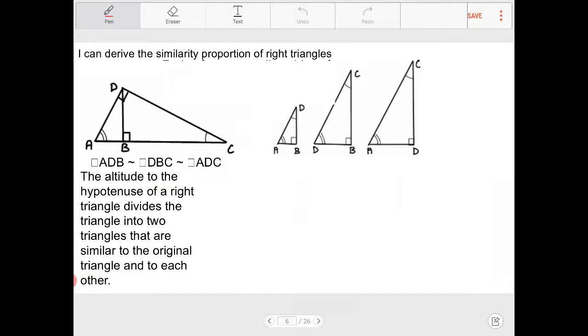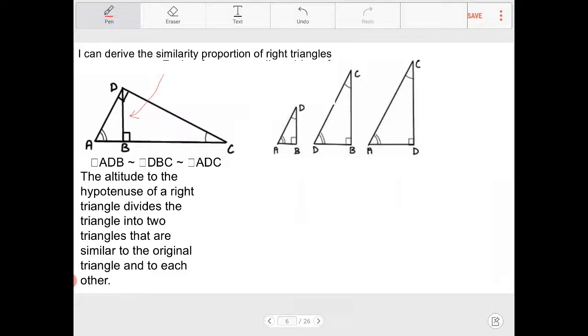The altitude to the hypotenuse of a right triangle divides a triangle into two triangles that are similar to the original triangle and to each other. That's a mouthful, but just understand this: if you have a right triangle and you draw an altitude from the right angle to the hypotenuse, these two triangles on the left and on the right will be similar to the overall triangle.